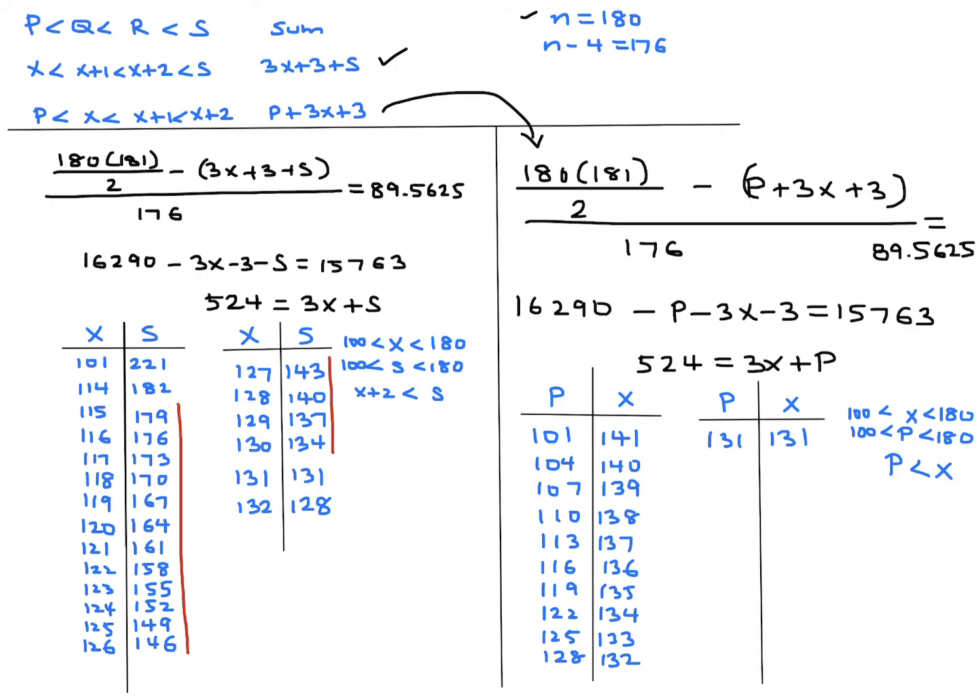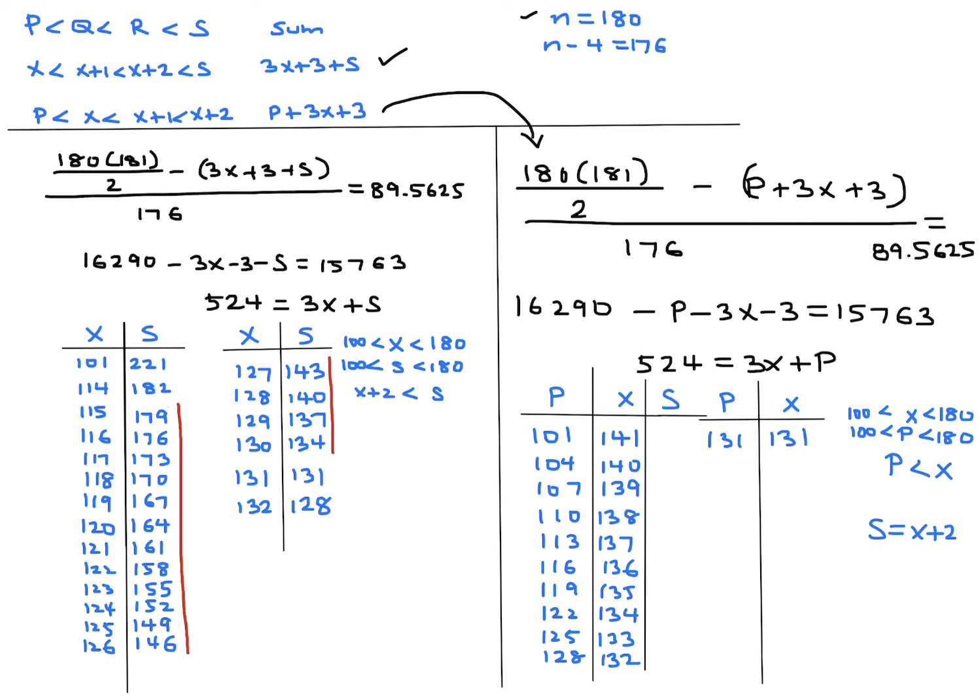Now, remember, I really want S. This table has P and X, that's fine, but I want S. And what is S over here? S is X plus 2 this time, right? So S is equal to X plus 2. Let's add another column to this table and put S there and see what we get.